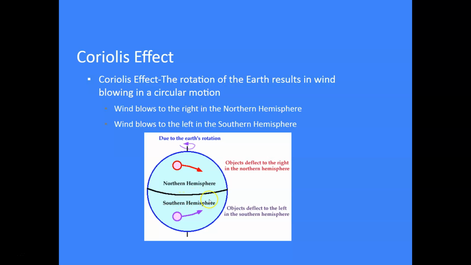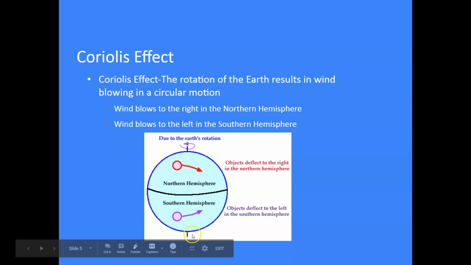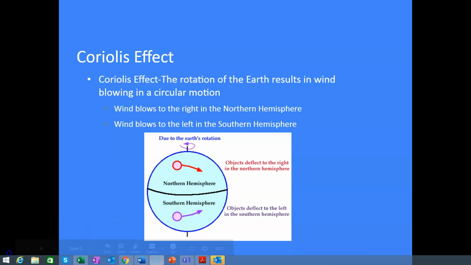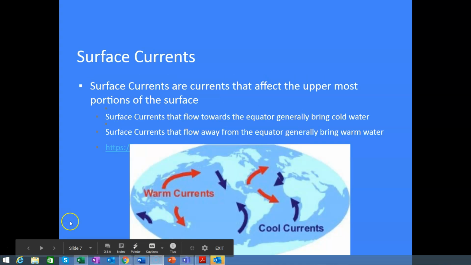In our pretend equator, if it is flowing from the equator, it's warm, because remember, your poles are colder areas, so your north and your south pole are colder areas. Your equator is where it's warmer. So if it is flowing from the equator, it is going to be warmer. If it's flowing from the poles, it is going to be colder.